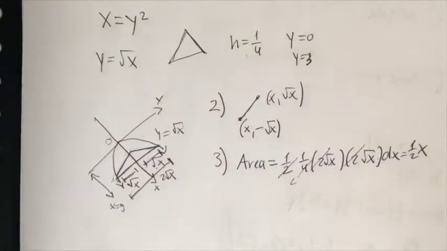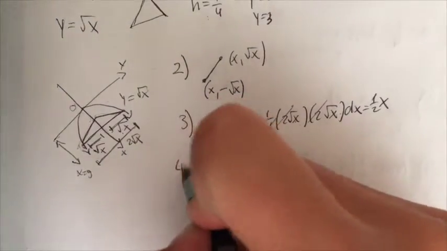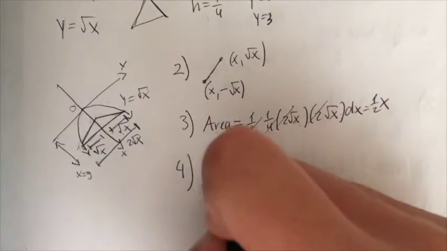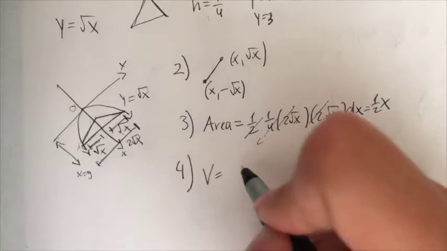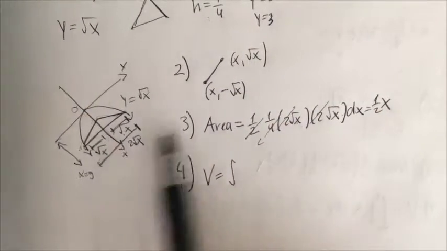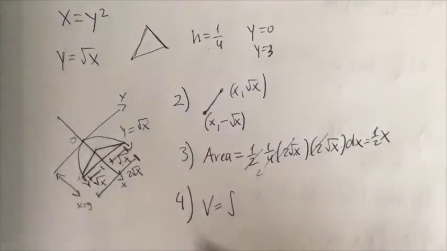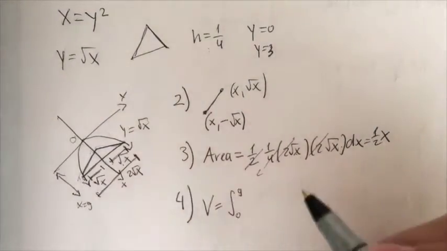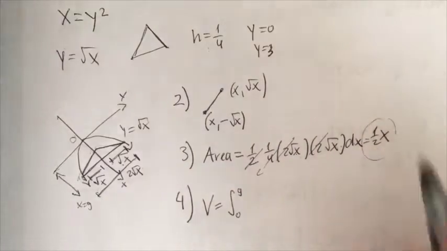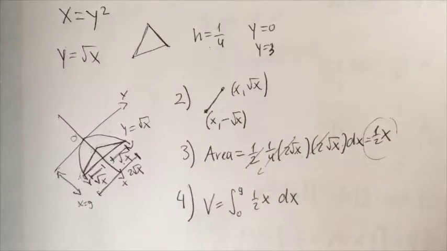Okay. And since we found the area, step number 4 will be find the volume and integrate. So as we already said, we're going to have from 0 to 9, since we had our y in terms of 3, so now plug it in, we get 9. So 0 to 9, our area, which will be 1/2 x dx.